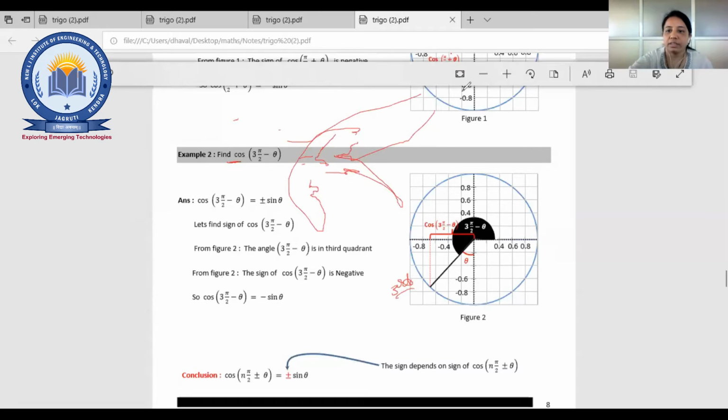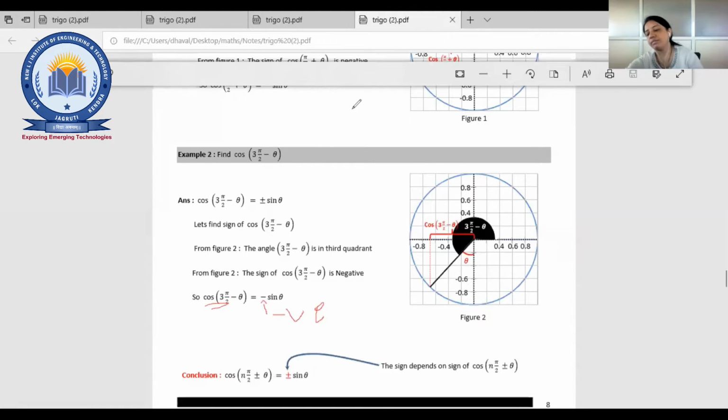Now obviously this sign will depend upon the left side of the function. So the left side is cos. Cos in the third quadrant is negative, so that's why here we'll get a negative sign. Just remember that whatever the sign of the answer, it will depend upon the left side of the function. That is the simple way to remember it.